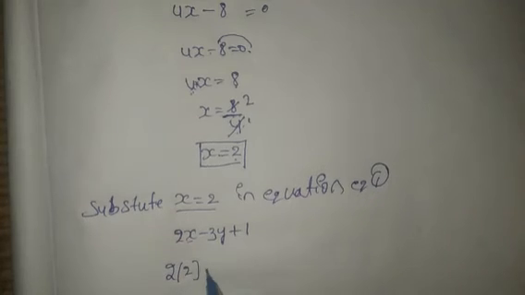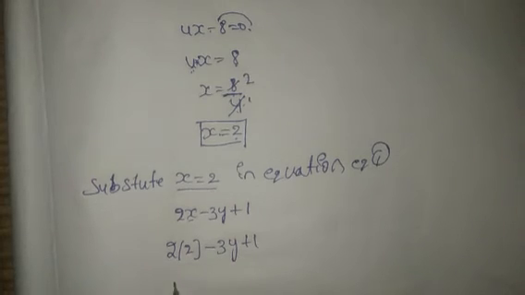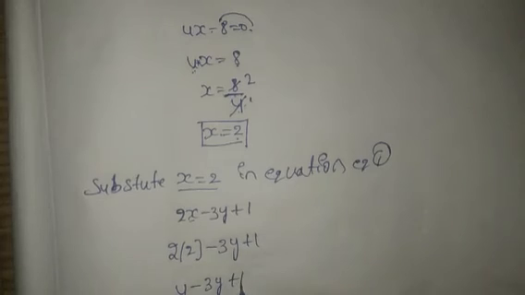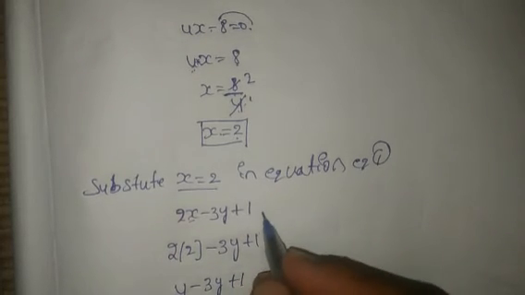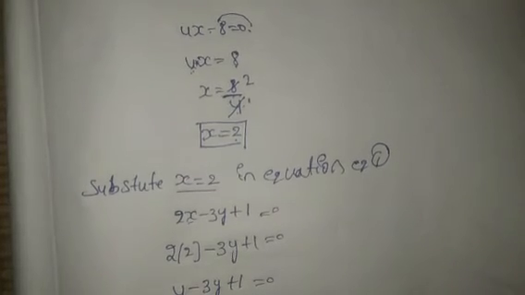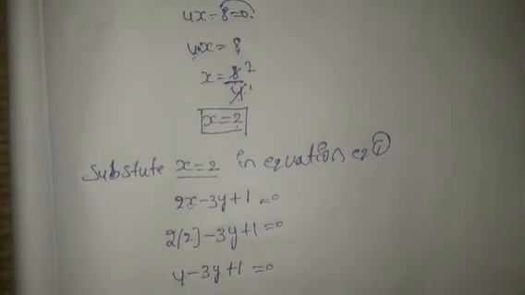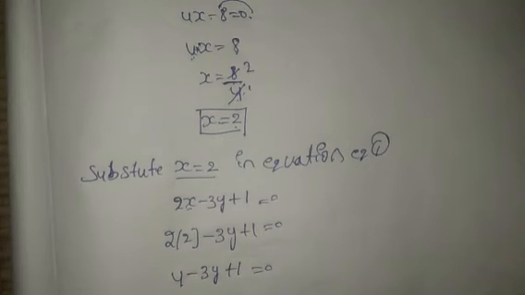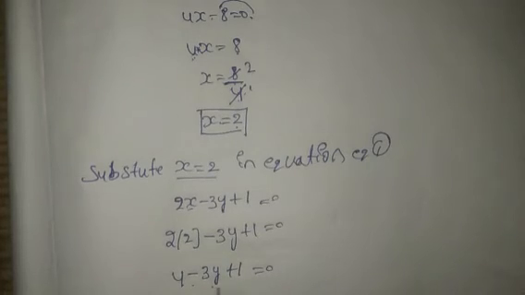So 2, and minus 3y write as it is, plus 1. So 2 into 2 is 4. So minus 3y and plus 1 remaining, equals 0. So plus 4 plus 1 is 5. So minus 3y plus 5 equals 0.